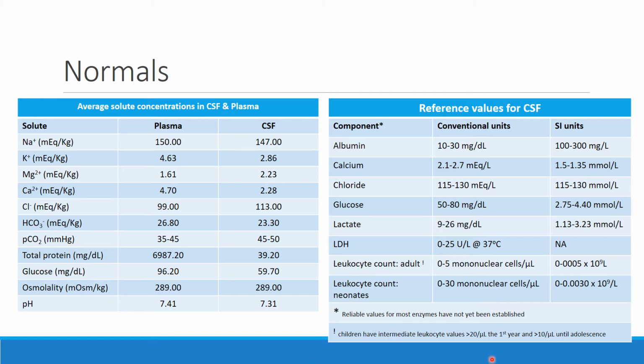The key ones that I want you to take note of are the total protein and glucose. Those are vital for you to note. And then if you go over here, it's just given as albumin, but the cell counts, obviously, perfectly normal. Very important for you to do. And there's your glucose again.